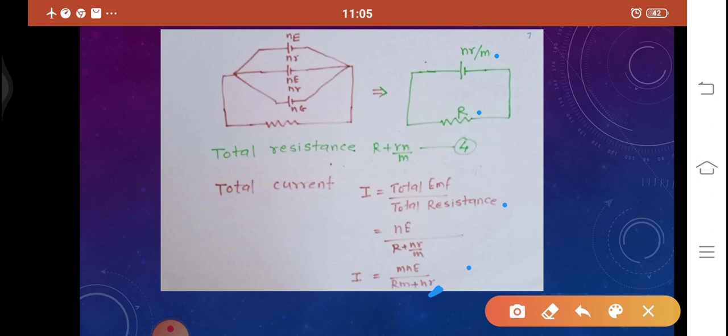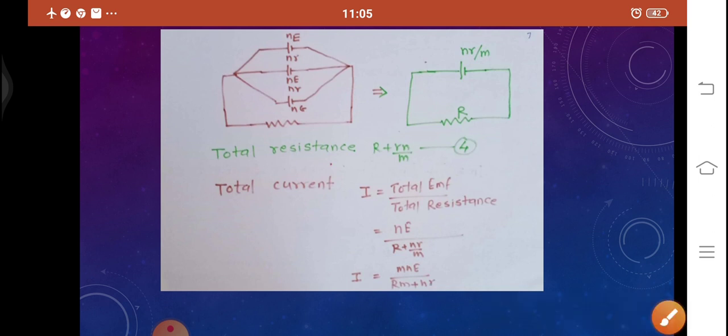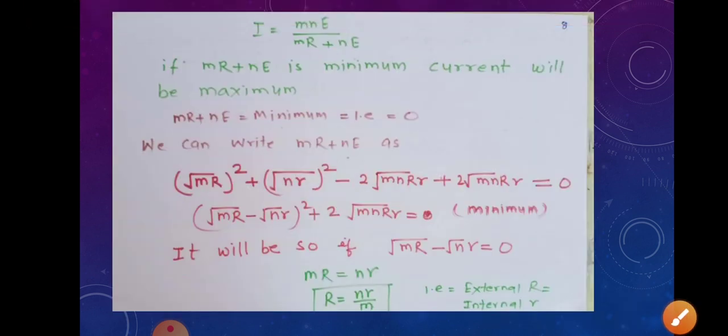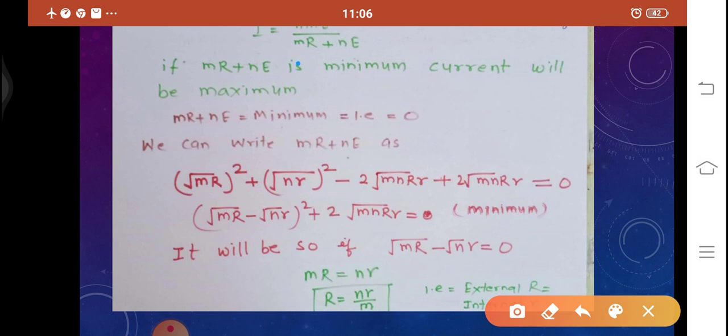But that is not possible, so we will calculate the minimum value of this. I equals nE upon mR plus nr. Now this value we will calculate. The minimum value of mR plus nr should be minimum.